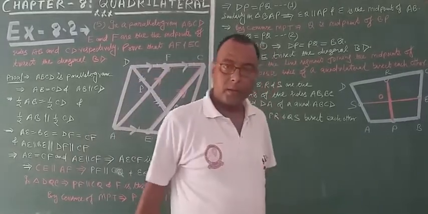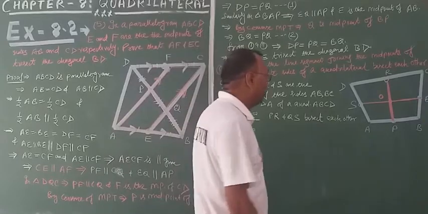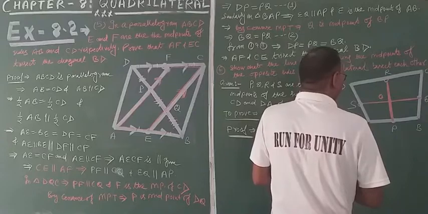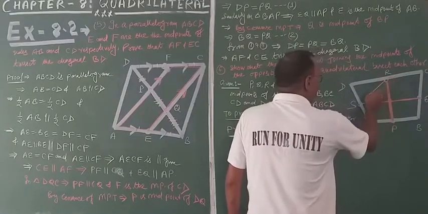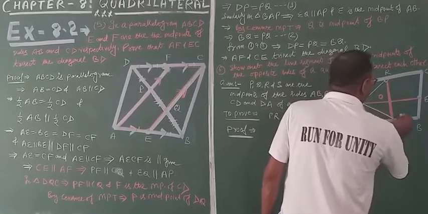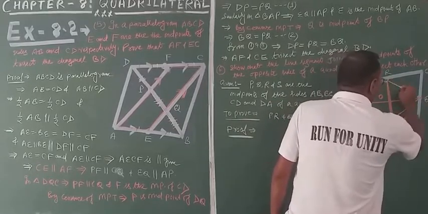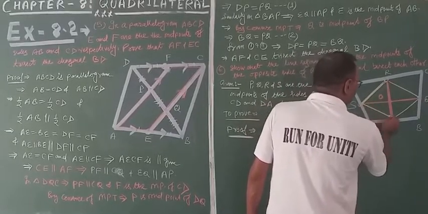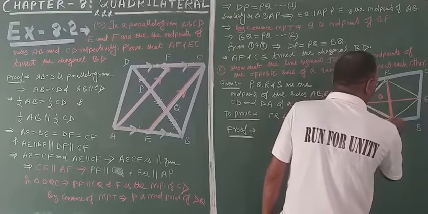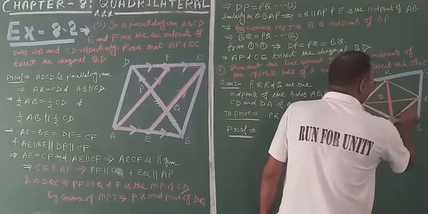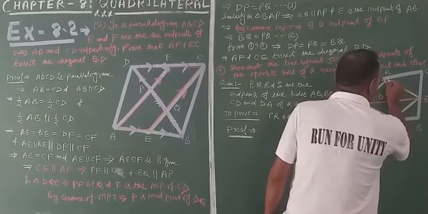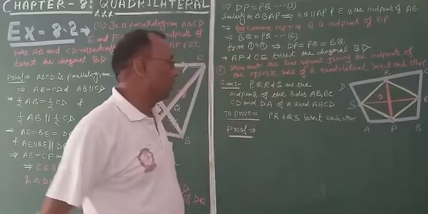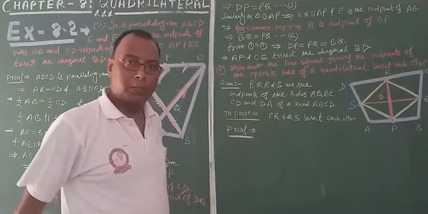In 3 or 4 questions, we have proved that the quadrilateral formed by joining the midpoints of a quadrilateral's sides is a parallelogram. Just look at question number 1, 2, 3.